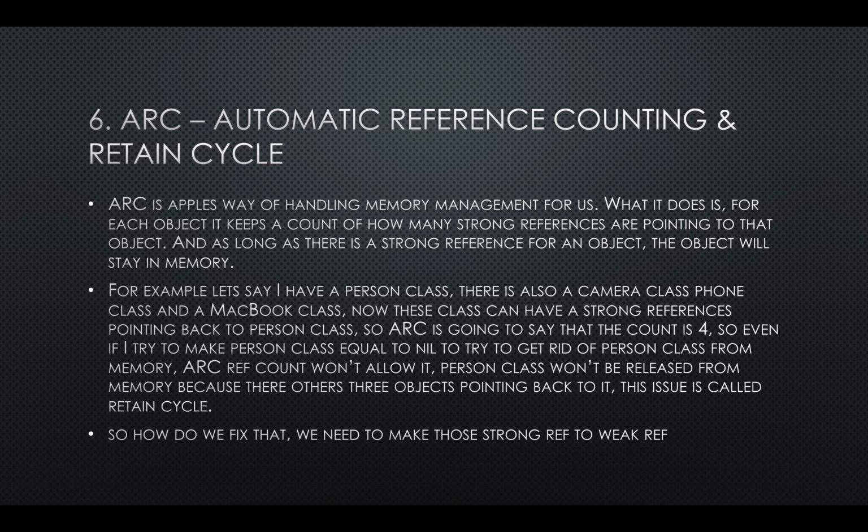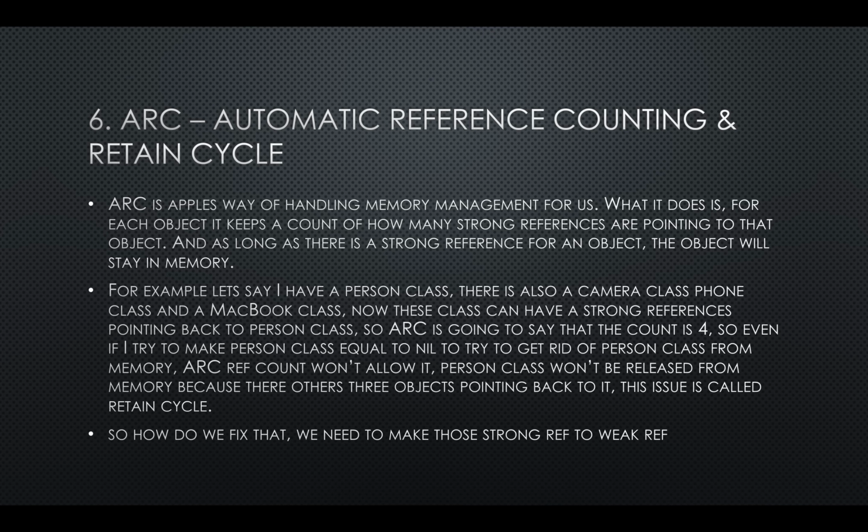These classes can have a strong reference pointing back to the person class, so ARC is going to say that the count is 4. Even if we try to make the person class equal nil to get rid of it from memory, the ARC reference count will not allow it, because the person class has 4 strong references.